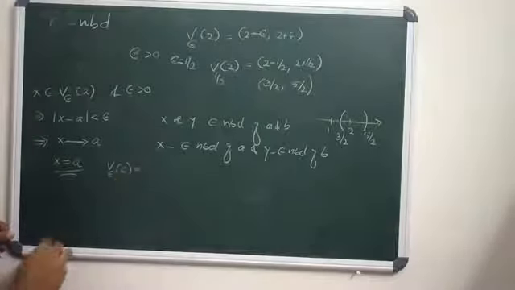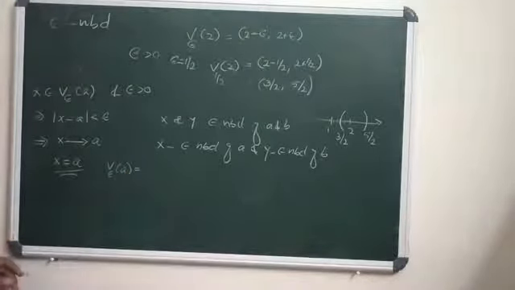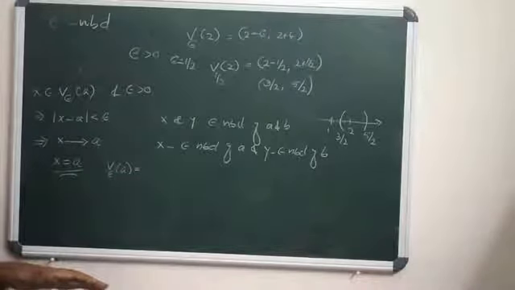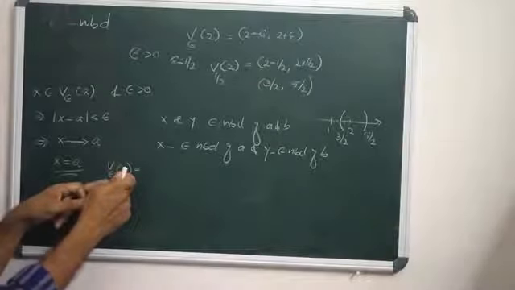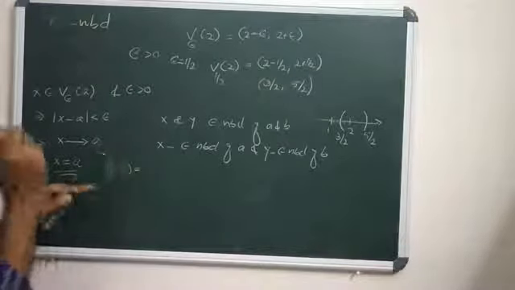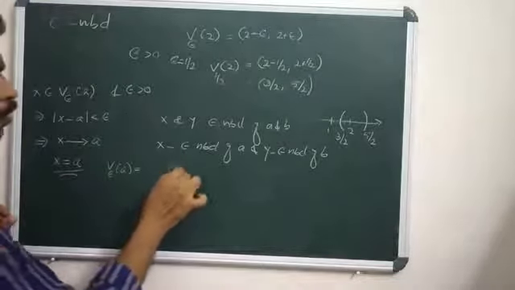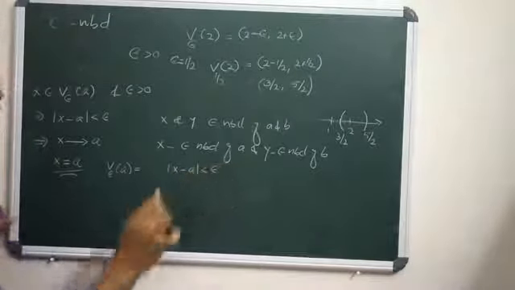V epsilon A is the set of all x in R such that modulus of x minus A is less than epsilon. So x in the epsilon neighborhood of A means modulus of x minus A is less than epsilon.